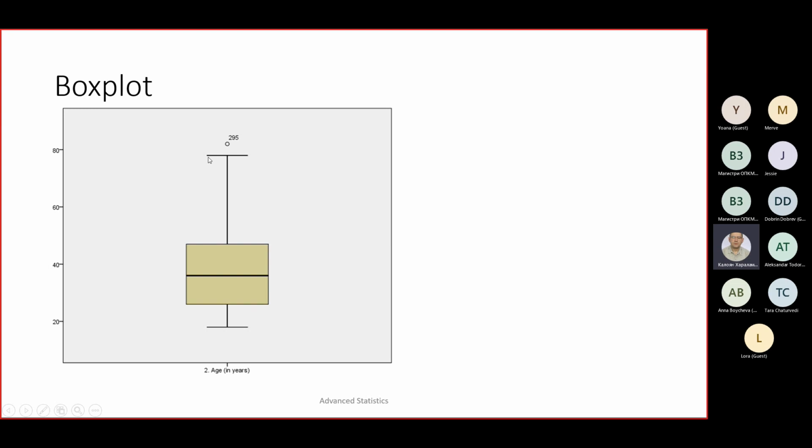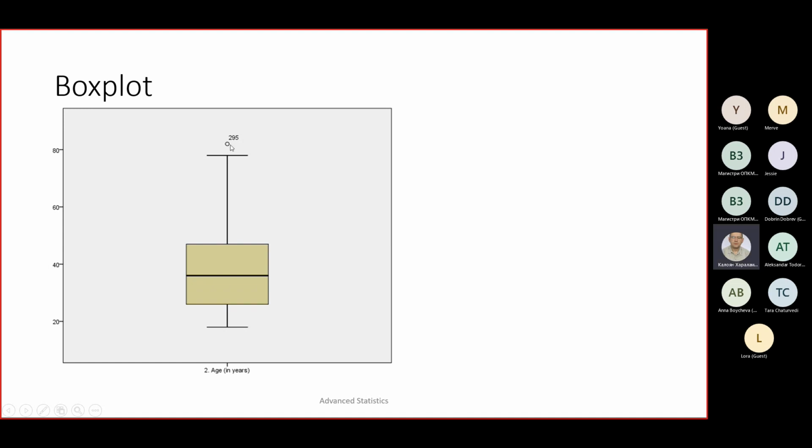These whiskers on the top and on the bottom indicate the normal range, the normal interval for this variable. In this case, the normal interval for age, and this point here is so-called outlier.